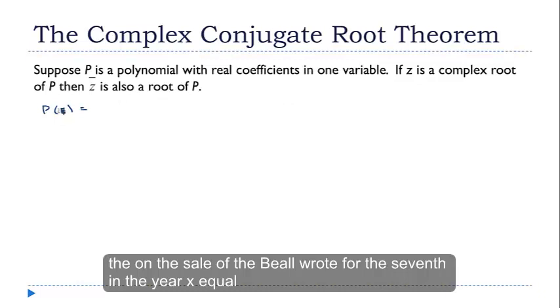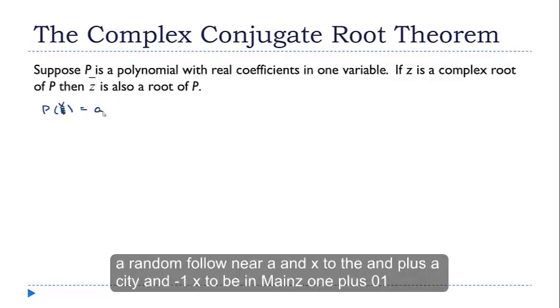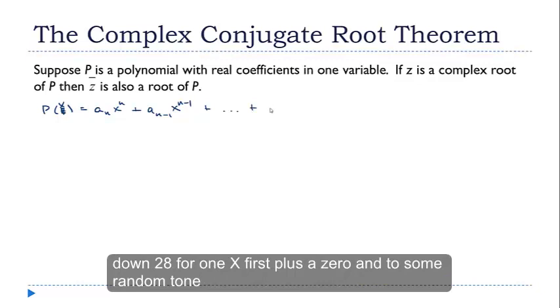So let's say let P of X equal a random polynomial, a_n x to the n plus a_(n-1) x to the n minus 1, plus so on down to a_1 x to the first plus a_0. All right, just some random polynomial.